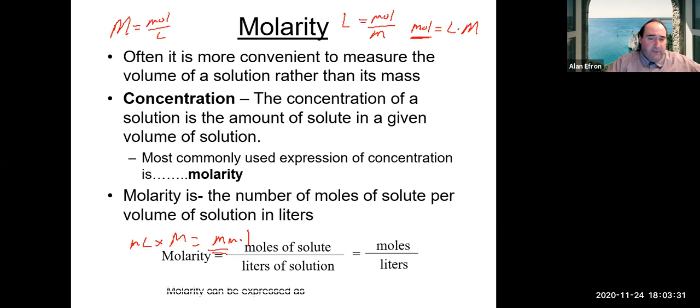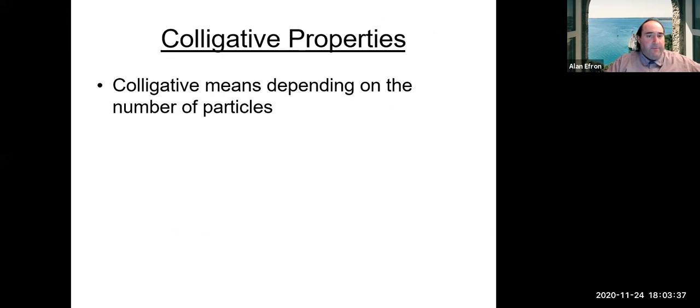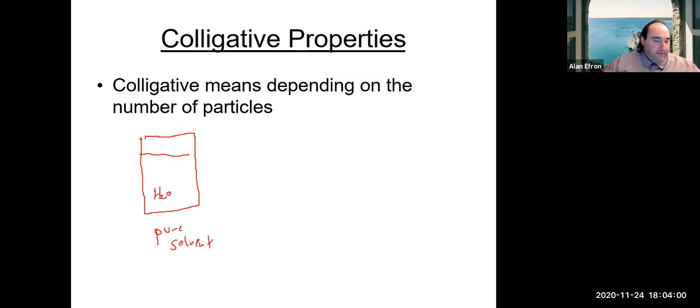And that is what is referred to as colligative properties. Colligative properties are basically properties of solutions that are based upon how many particles are floating around in that solution. So the idea here is if you have a container of just a pure solvent, say something like water, with some water molecules here.